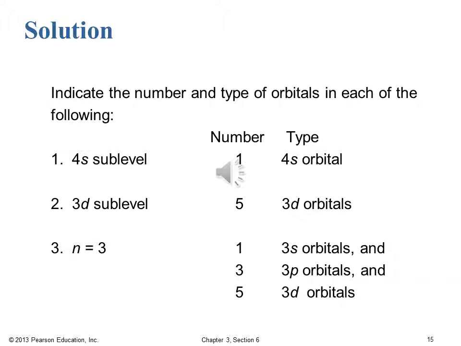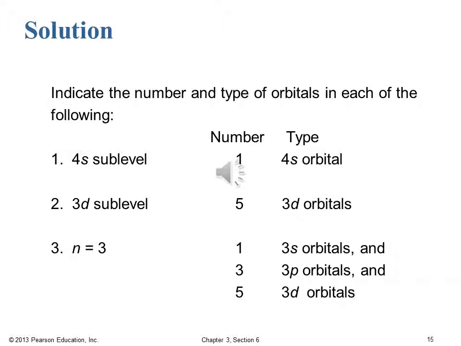Finally, if we consider every type of orbital present in n equals 3, well, whatever n equals, that's the number of different orbital types we have. So since n equals 3, we have s, p, and d orbitals, and we have 1 s orbital, the 3s, there's just 1 of it, and it can have 2 electrons, spin up or spin down.